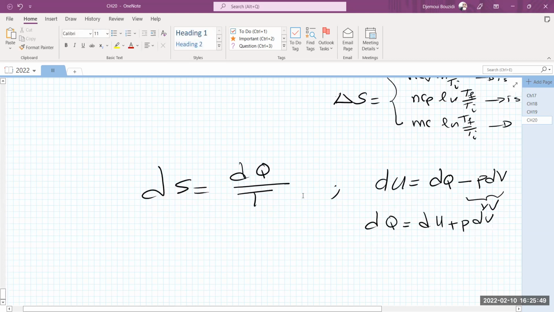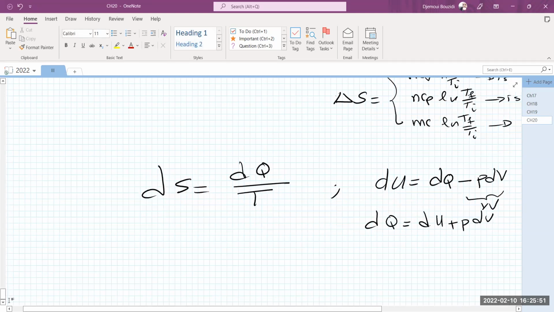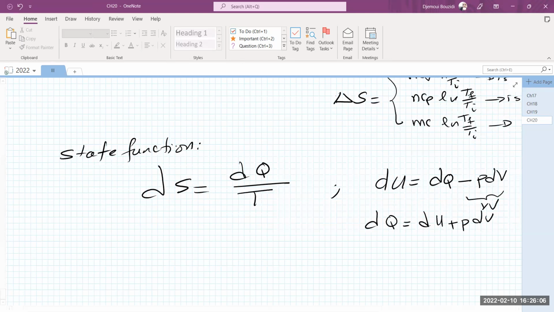Okay? I'm going to sub for the entropy in here. The entropy, as I was saying, is a state function. This is one of the things that Mr. Clausius argued, because for a closed process, if it's a reversible process, the delta S is equal to 0.